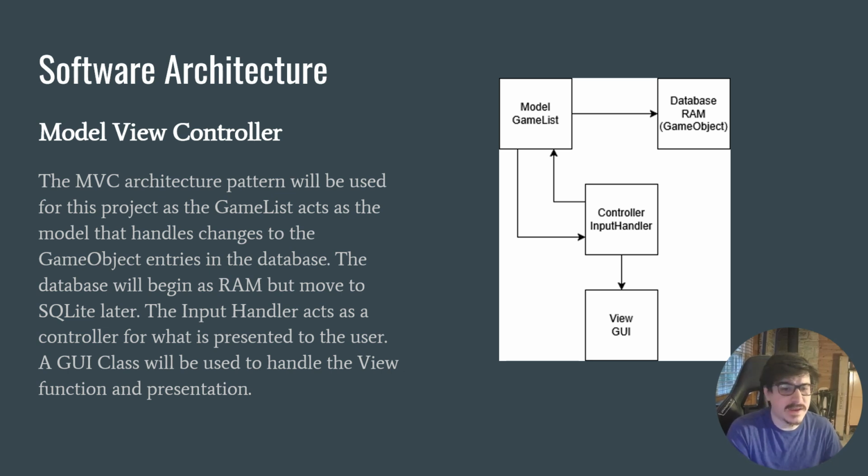Like I was saying, that input handler class is going to be acting between the view class of that GUI. The GUI is where the user is able to see what's going on. That passes on to the input handler, which goes to the game list, and then that's what actually touches the database.